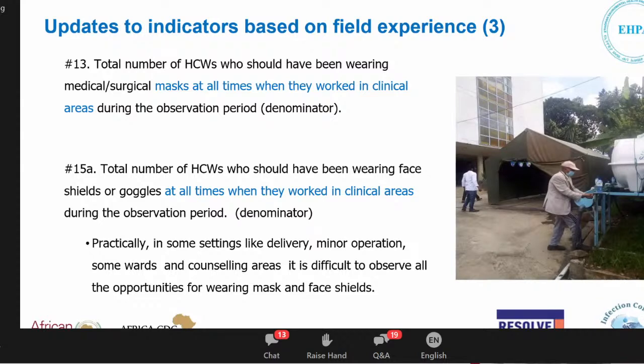The indicator is very nice, but tracking it is challenging. Sometimes there is a shortage of this PPE, and also discomfort. For example, unless there is an aerosol generating procedure, we advise people to use just a medical or surgical mask, but the face shield and the goggles are not well preferred by healthcare professionals.